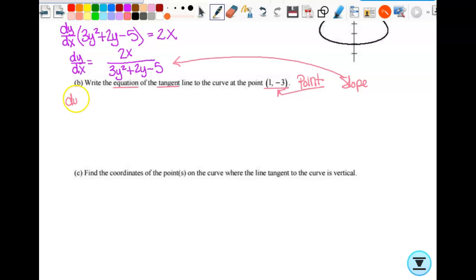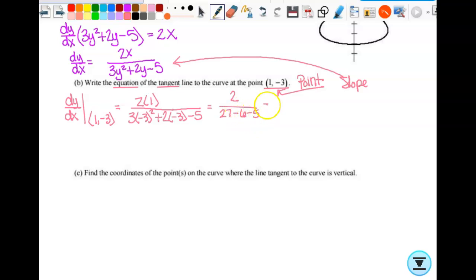We're going to do dy/dx evaluated at (1, -3), and then I substitute it in. So I get 2 times 1 over 3 times (-3) squared plus 2 times -3 minus 5. This gives me 2 over, so (-3) squared is 9, times 3 is 27, minus 6, minus 5.